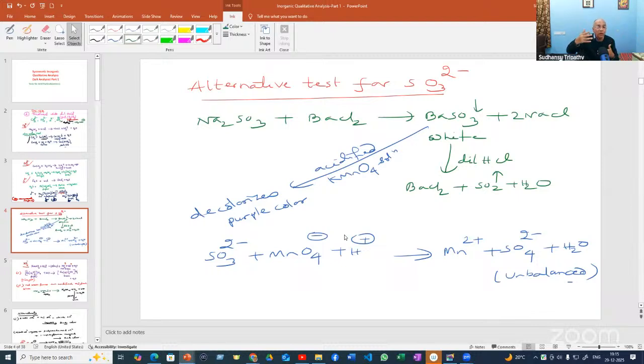So therefore, the forefathers of analysis systematically analyzed by putting the common metal ions into 6 groups. So you have to first separate group 1, then 2, then 3, then 4, then 5, then finally 6.